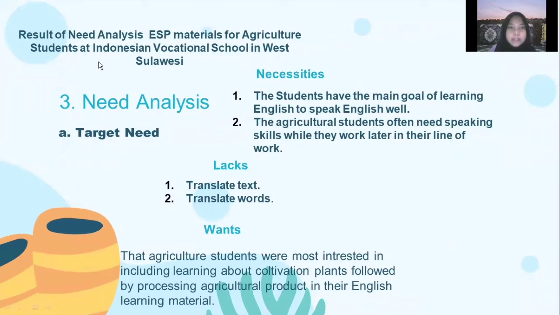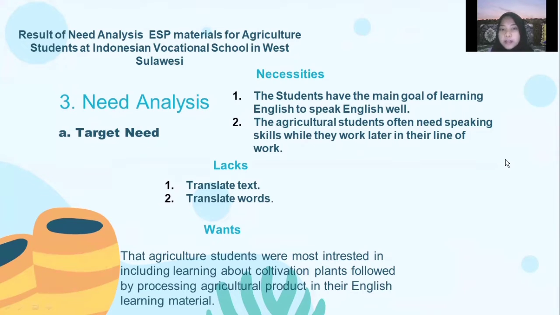Result of need analysis of ESP material for agriculture students at Indonesian Vocational Schools in West Sulawesi. The third, need analysis: there are target needs. There are necessities. The first is the students have the main goal of learning English, to speak English well.